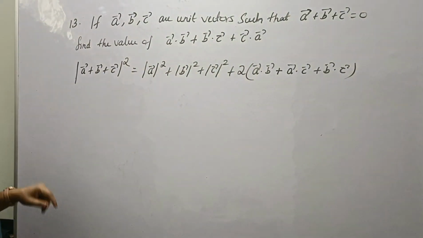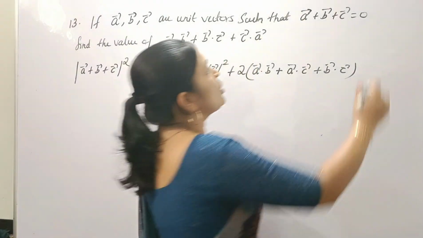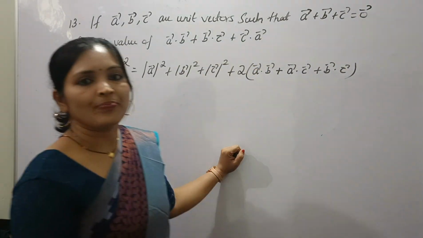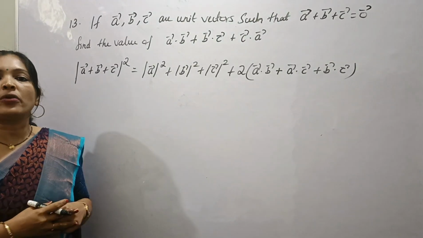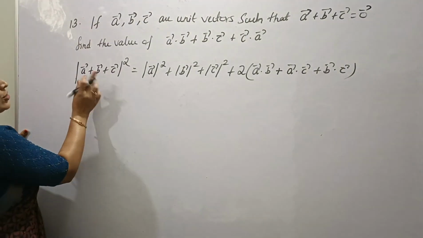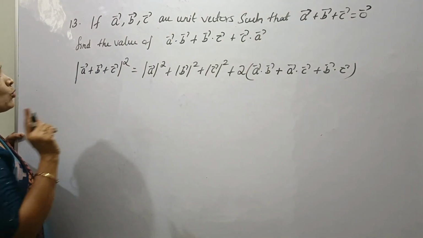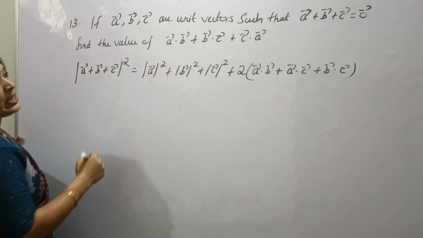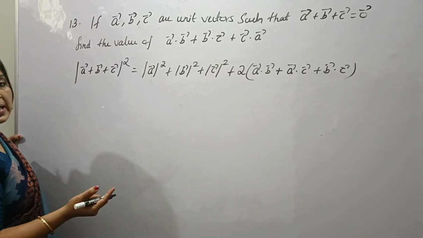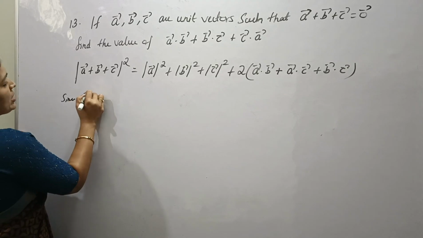It is given that vector a plus vector b plus vector c is equal to 0, means it's a 0 vector. So what is the magnitude of 0 vector? 0 itself, right? So here modulus of vector a plus vector b plus vector c is nothing but 0, because vector a plus vector b plus vector c is a 0 vector.